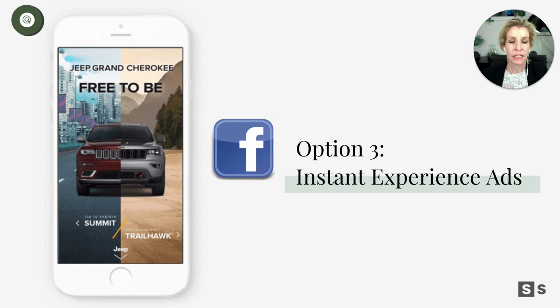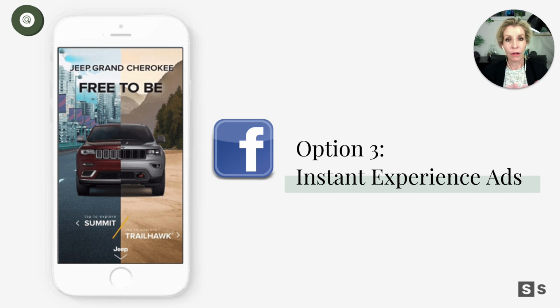Option number 3, instant experience ads. This is an option for you to add into your ads. When you're building your ads, it'll say, would you like to add in an instant experience? i.e. we call them. And you can say, yeah, sure, I can do that. And then they'll guide you through what additional assets they need. Another couple images, maybe another headline.